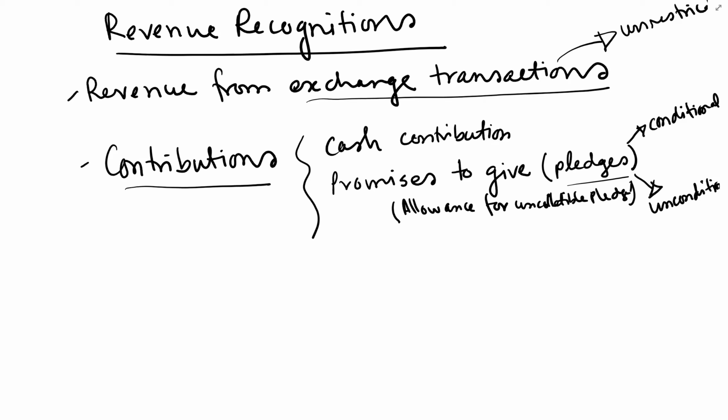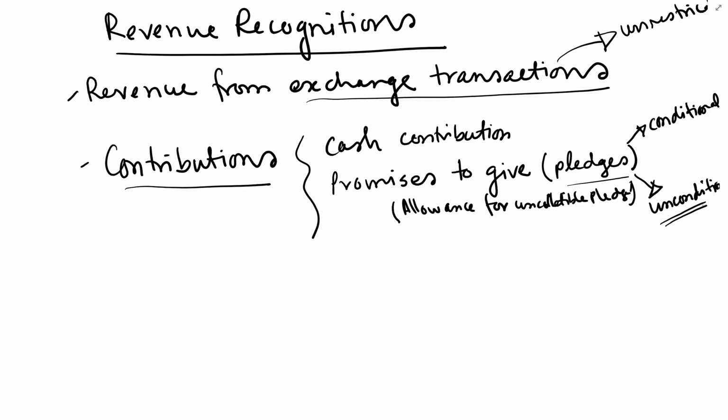Remember, if it is unconditional, you can record it as contribution revenue right away. And when you collect it, the collection of cash will increase your cash, so you will debit cash and you will credit your receivable, whatever you call it, pledge receivable or contribution receivable.